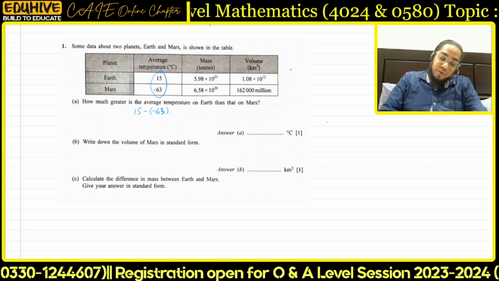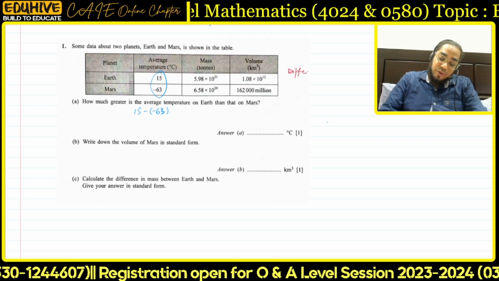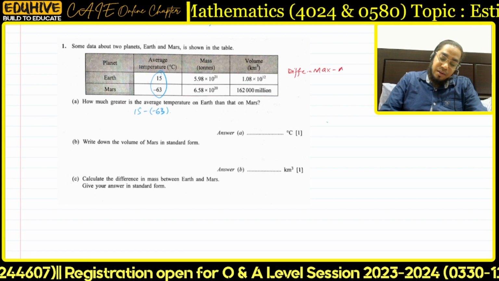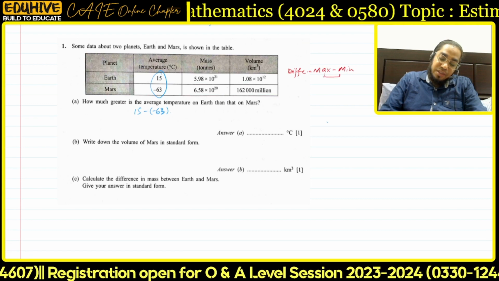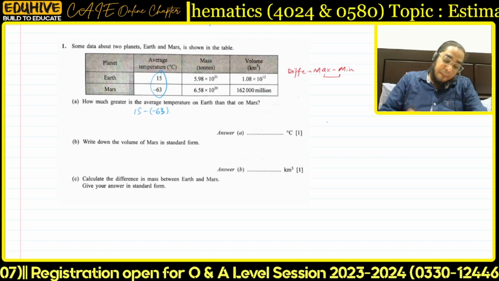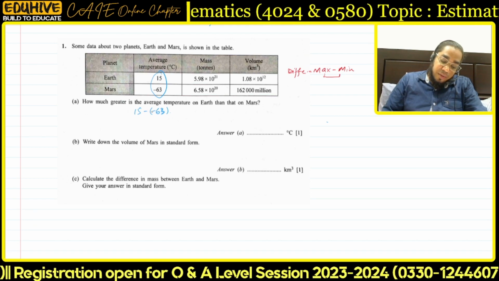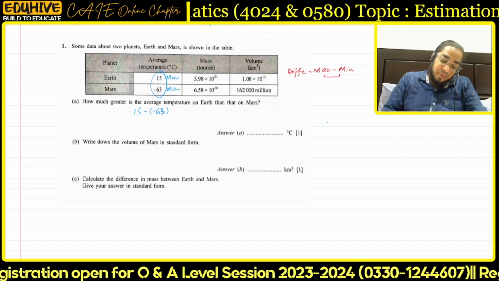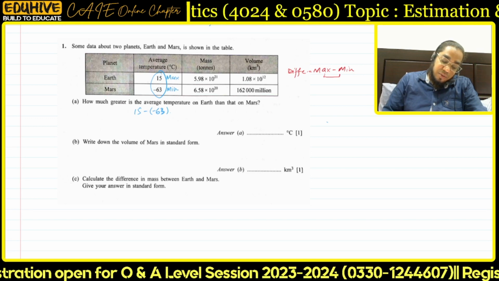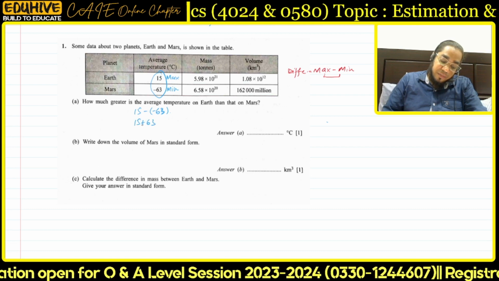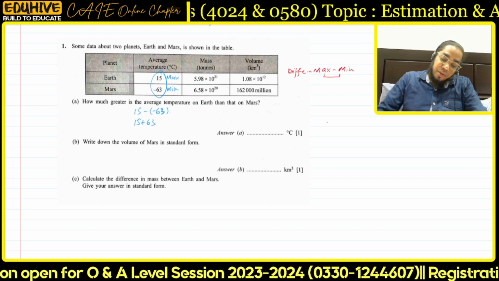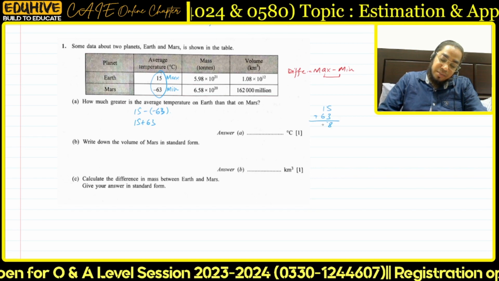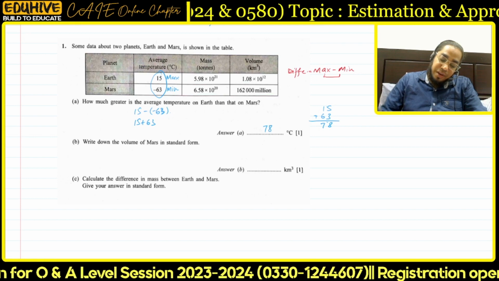When we calculate the difference, we write the maximum and subtract the minimum. So it's 15 minus minus 63, because that's the maximum number and that is the minimum number. So I'm going to write 15 plus 63. 5 plus 3 is 8, 6 plus 1 is 7. So that's going to be 78 over here.